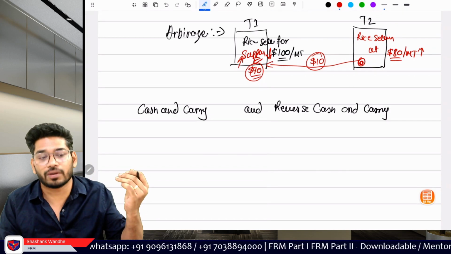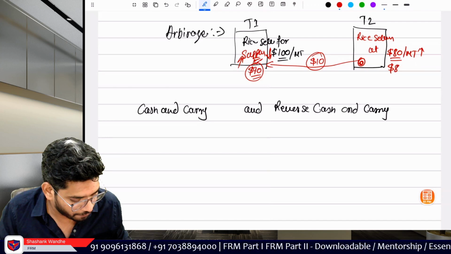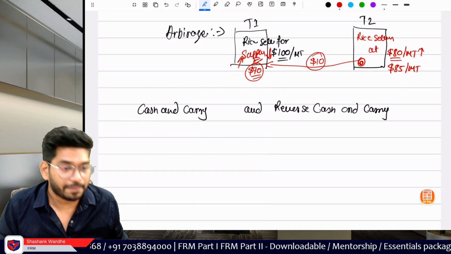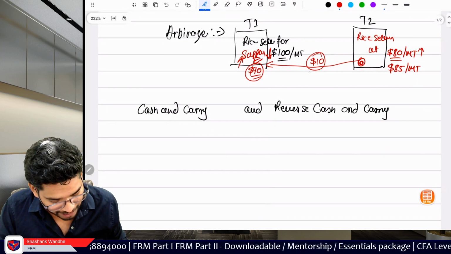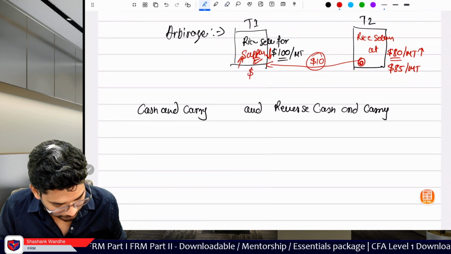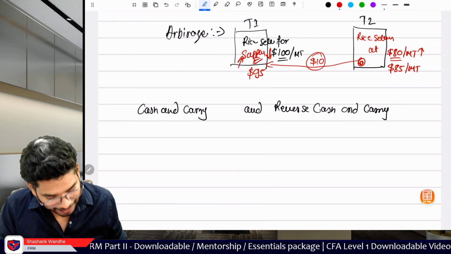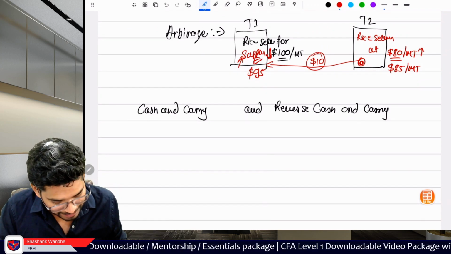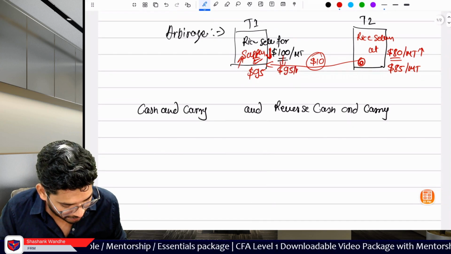Let's assume that because of your arbitrage exploitation, the price increases to $85, and with the transportation cost, your landed cost is $95. And because you are increasing supply in town 1, the price here will drop to $95 per metric ton.